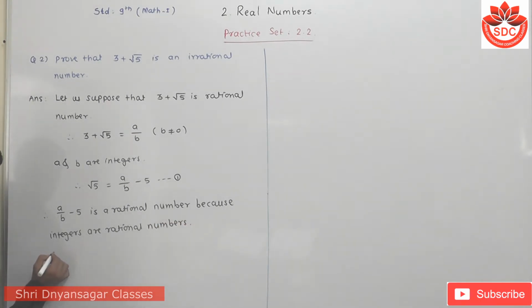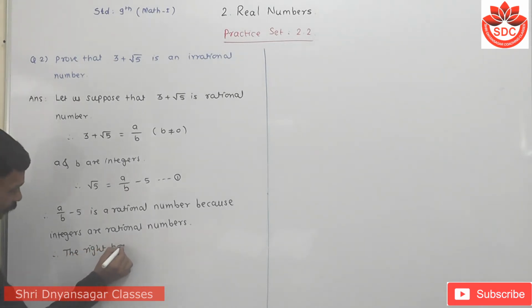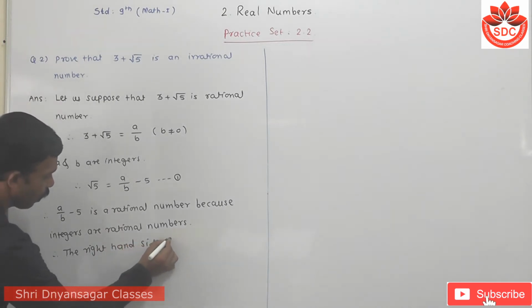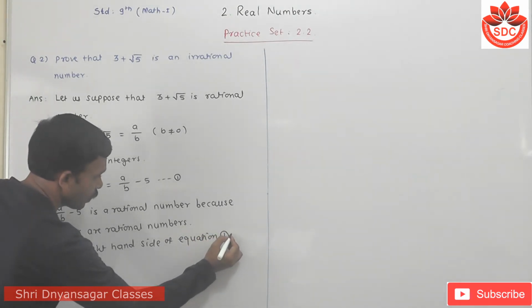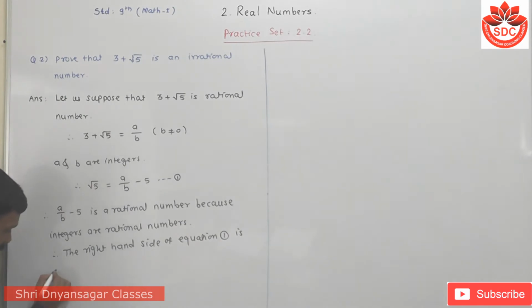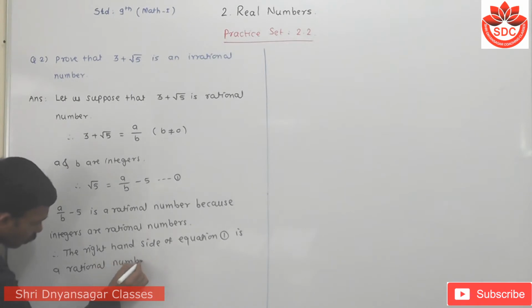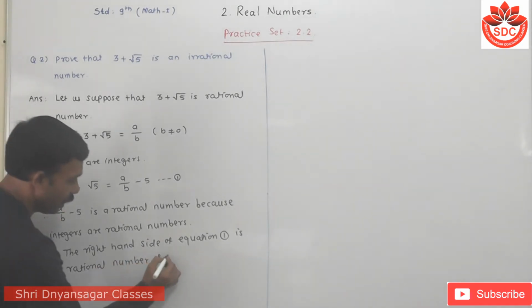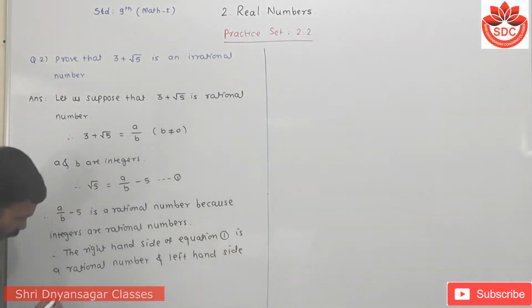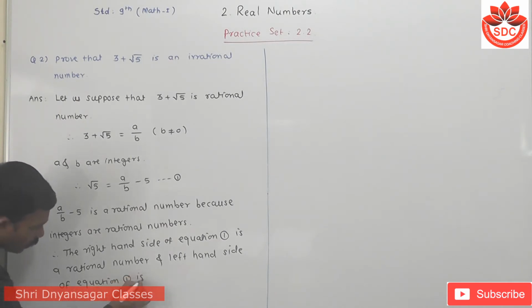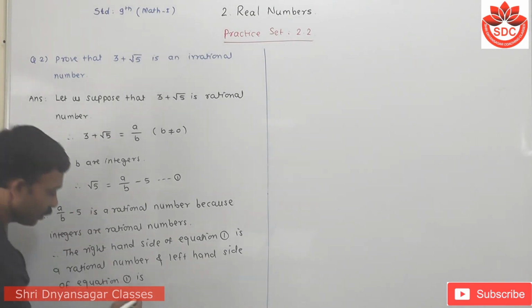Therefore the right hand side of equation first is a rational number and the left hand side of equation first is an irrational number.